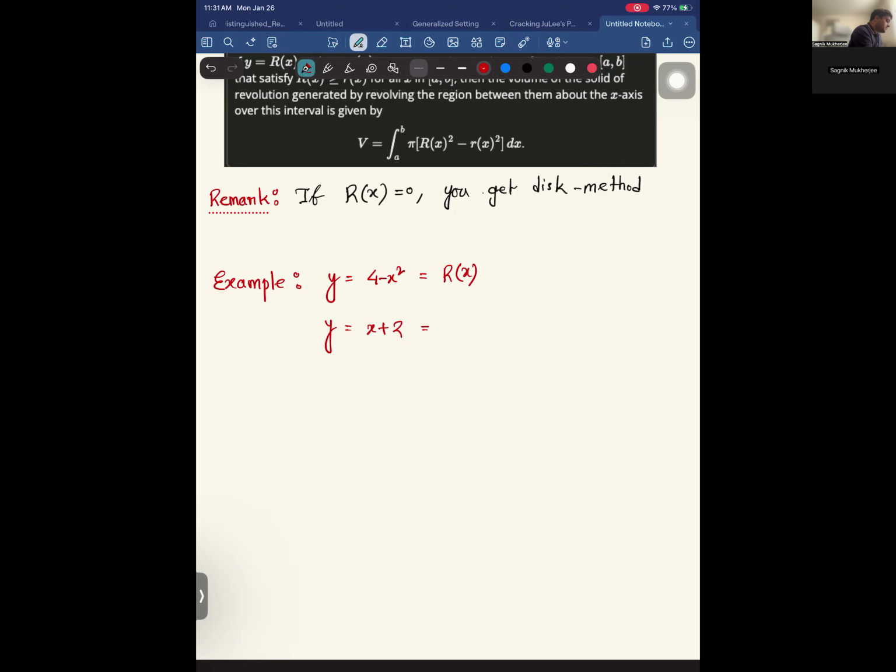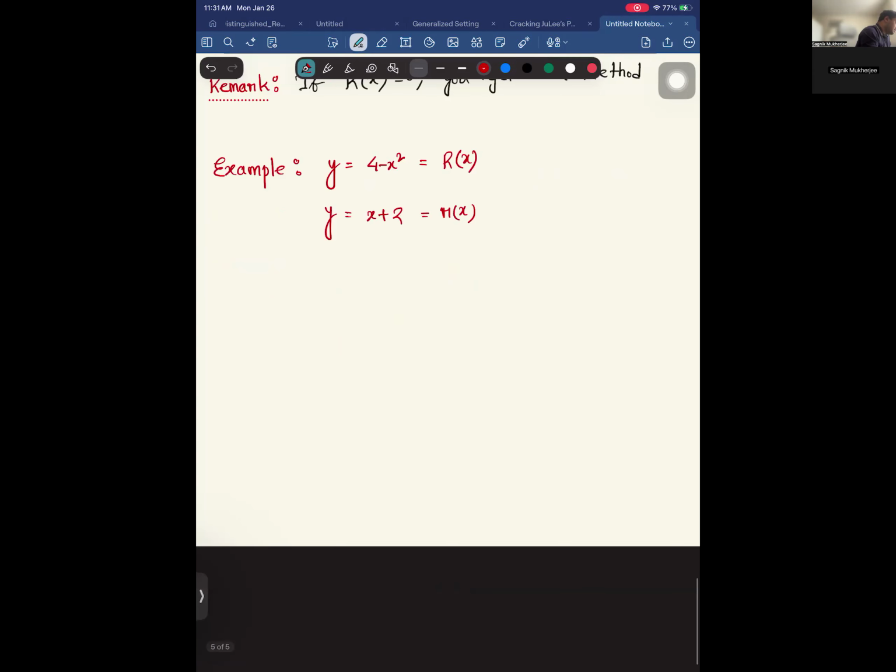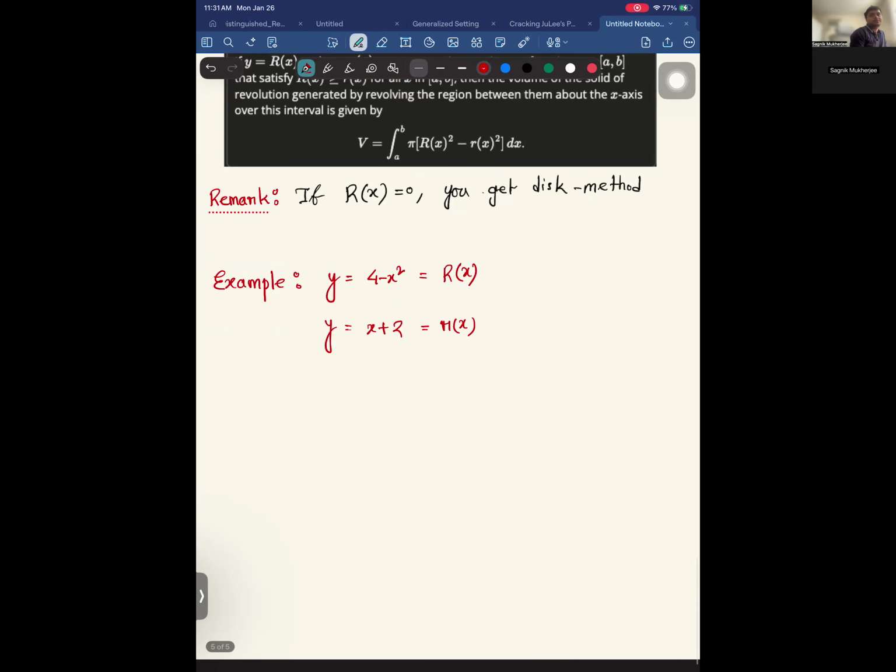And this is going to be a small r. So our task is to find the volume of the object created by rotating the intersected area between these two curves around the x-axis. Right? So this is example, I guess, 6.2.4, in case you were wondering.